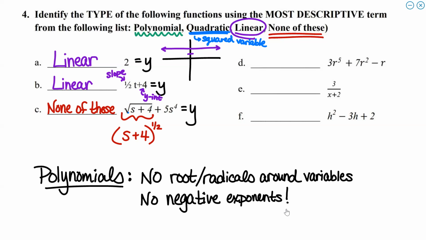In order to qualify as a polynomial, only positive whole number exponents. Roots and radicals, those are fractional exponents.